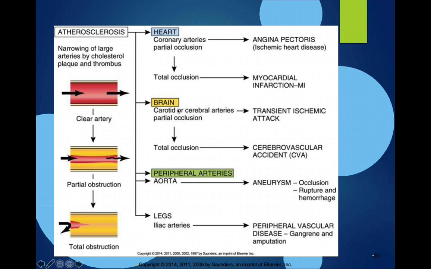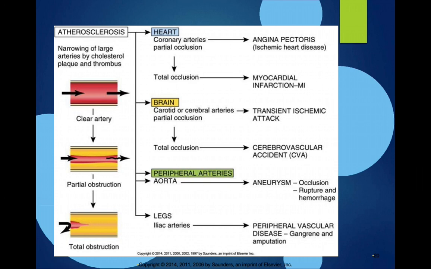In the brain, if it's the carotid arteries or cerebral arteries or vertebral arteries, and it is partial, you get a TIA, a transient ischemic attack. If it's total, that's the stroke, the CVA, cerebrovascular attack. If it's in the aorta, you can have an aneurysm where it becomes occluded or it starts to bow outward.